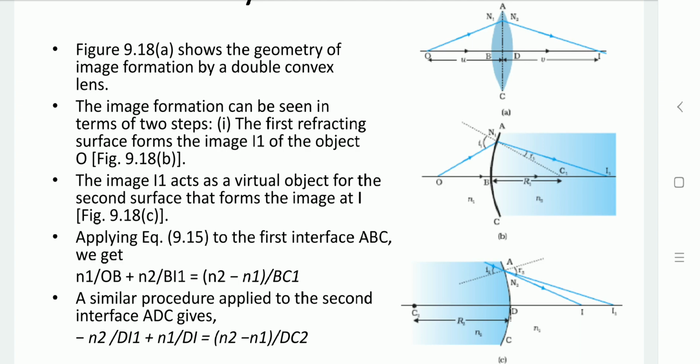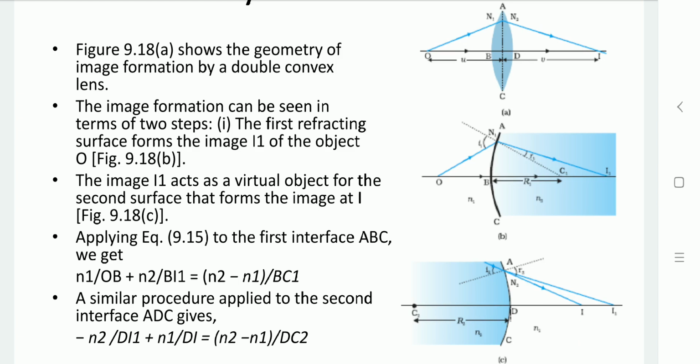If we consider this lens as very thin, then we can define that BI1 equal to DI1. If the lens is very thin, then after the first spherical surface, the image will be generated at I1.